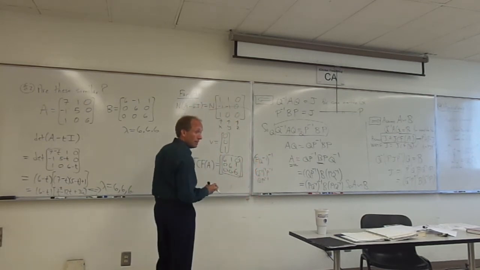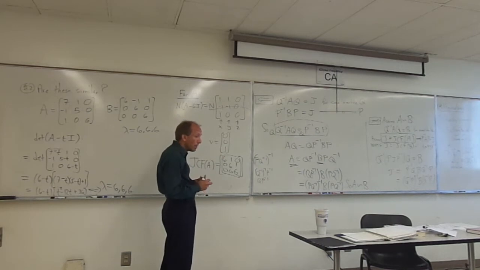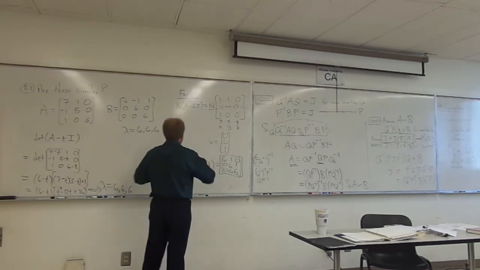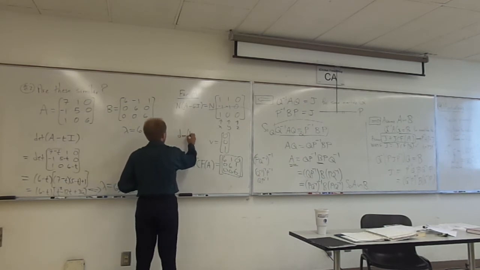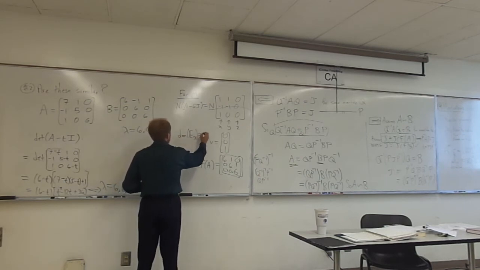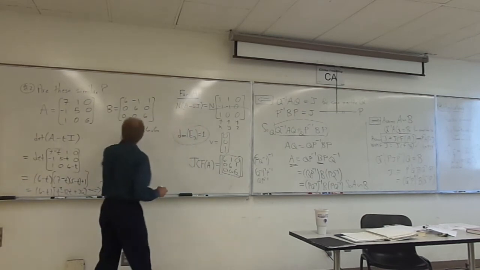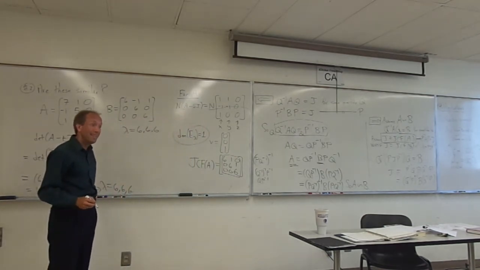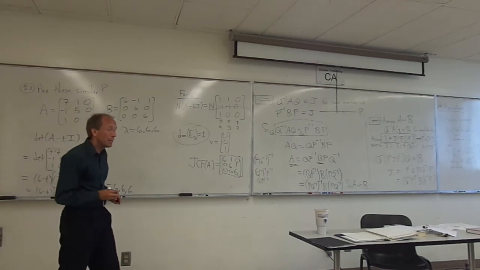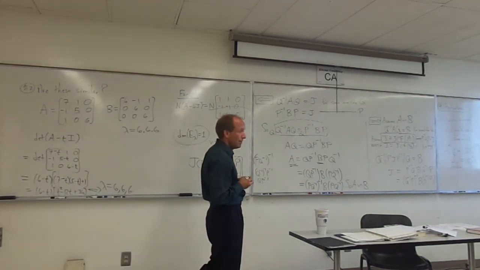Make sense? One block of size 3. The number of blocks is just the number of linearly independent eigenvectors. So the dimension of E sub lambda in this case is only 1. This eigenvalue pretty badly fails to pull its weight. Right? Does not pull its weight here.